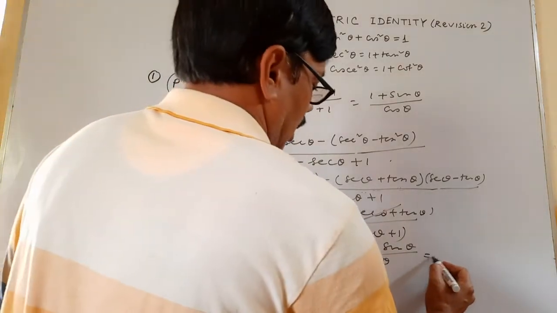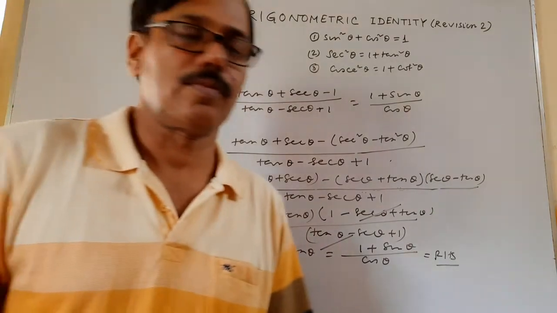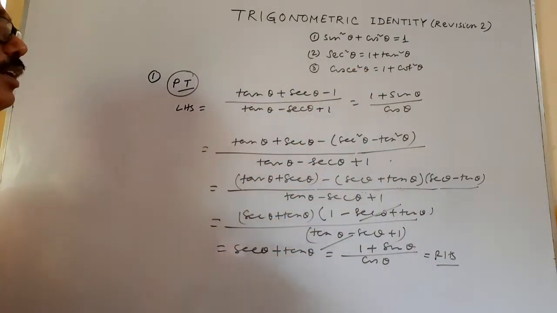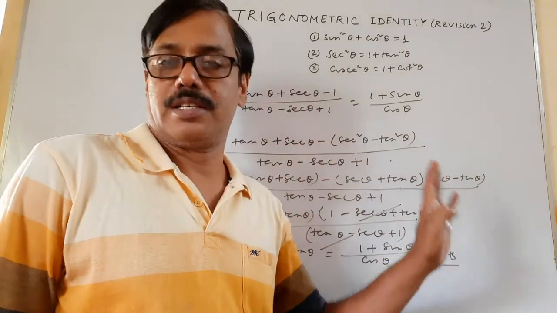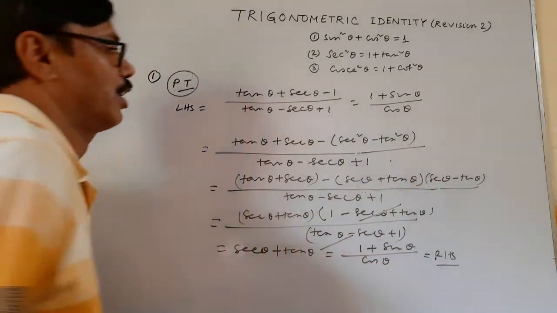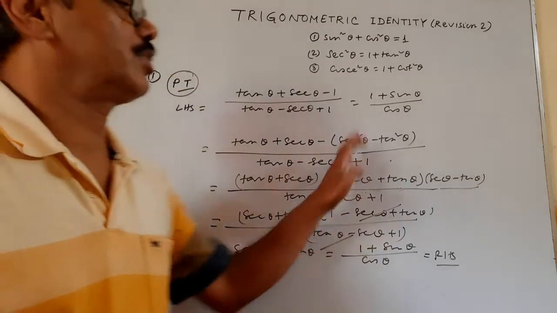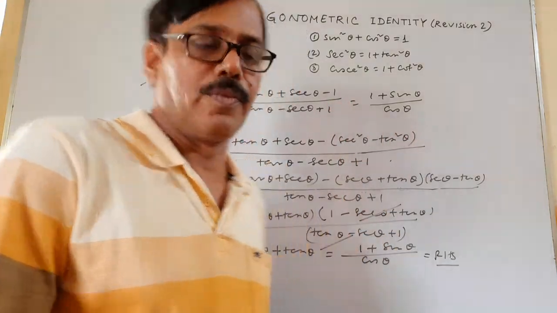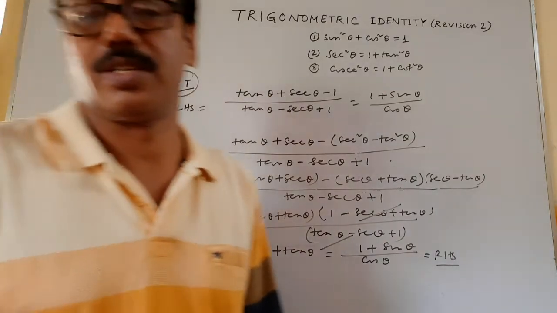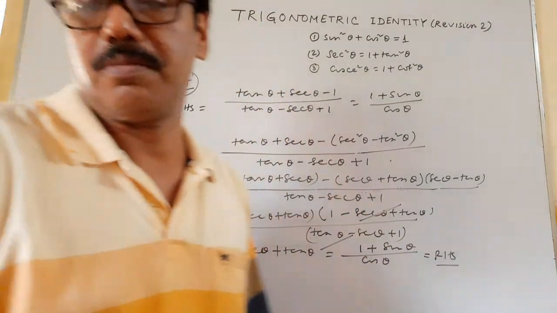So this is the RHS. This is the easiest way. So 1 is replaced in the numerator by sec and tan, then factorize, cancel the denominator, and you get the answer. This is a most important problem of class 10, and I think this is the easiest process. You can also solve it by a different method.